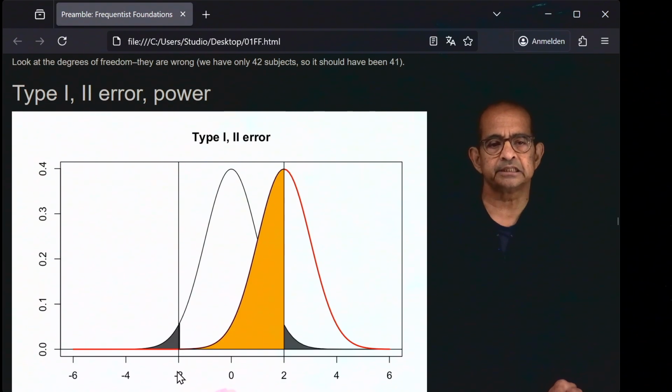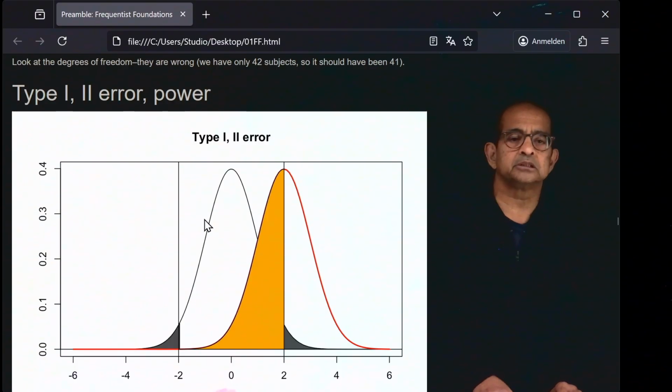And so the logic here is that if our observed t-value lands either in this rejection region or in this rejection region, then we reject the null hypothesis. And if it lands in this non-rejection region, then we don't reject the null hypothesis. That's the basic setup of the null hypothesis significance test.